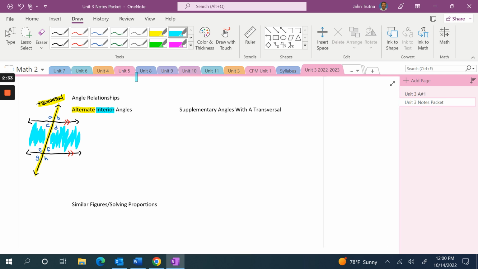Okay, so for angles to be alternate interior in this picture, they would have to be on alternate sides of the transversal, and they would have to be in the blue part, the interior picture. So there are two pairs here.